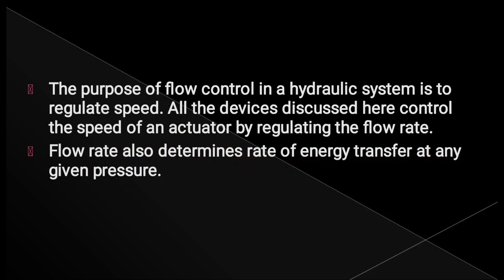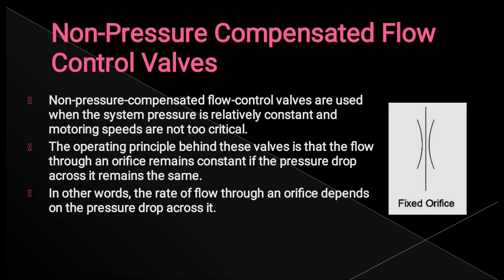The flow rate is nothing but the amount of energy going to be transferred. If the flow rate is high, the energy transmitted is high. If the flow rate is lower, the energy transmission is lesser. So the flow rate is one of the key factors to control the speed of an actuator, and for that we use flow control valves.